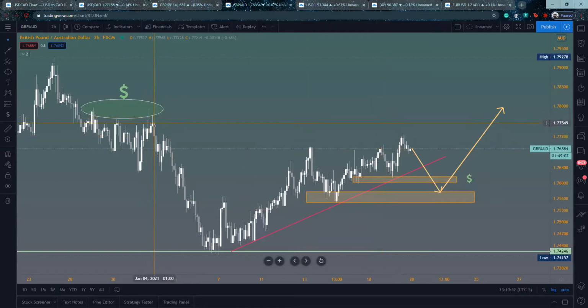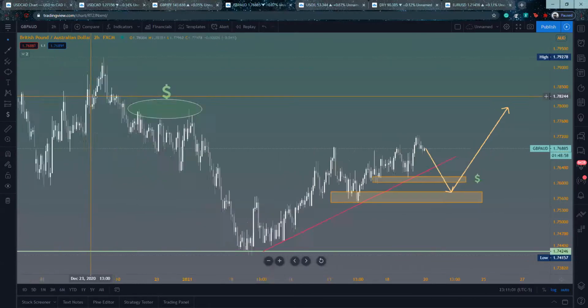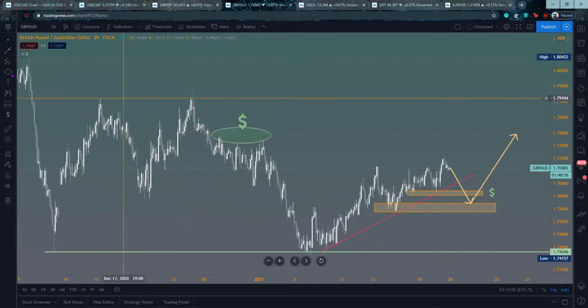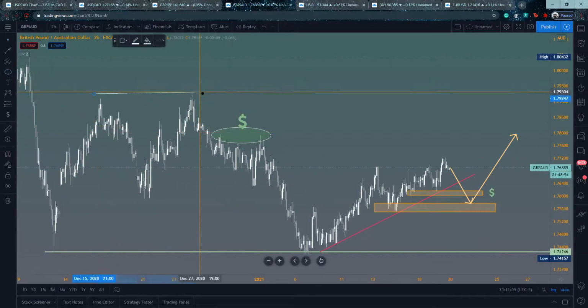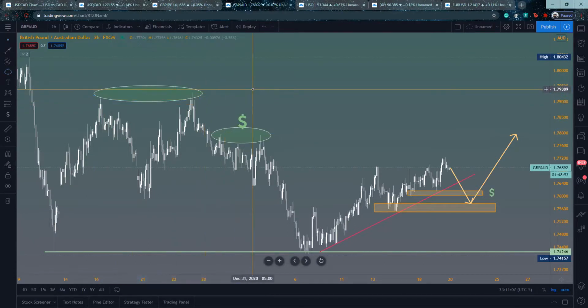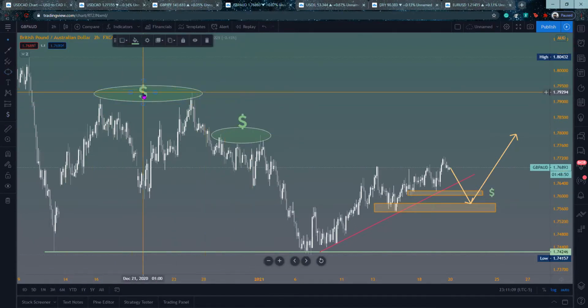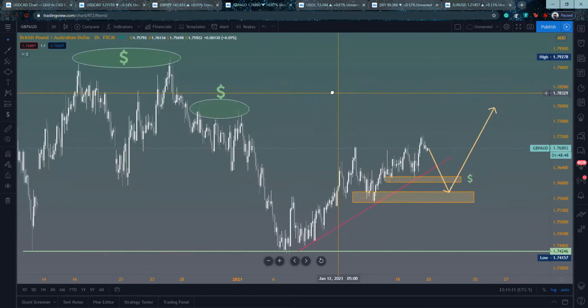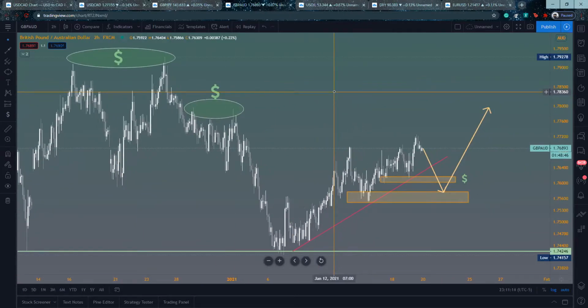I have one here, which was an inefficiency. It got filled 50% in. So this is already invalidated. And then we have this one, which to me isn't really valid either because it looks like we have a liquidity pool here. So in both scenarios, I don't see a sell point of interest. Because of that, I'm looking for a bullish point of interest, which is here, in my opinion.